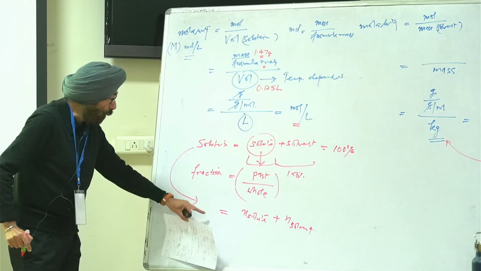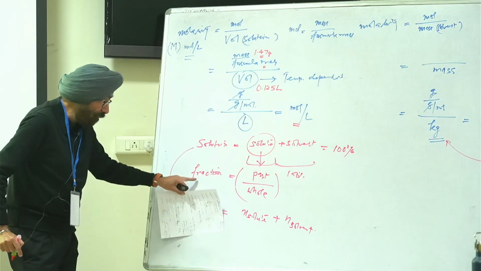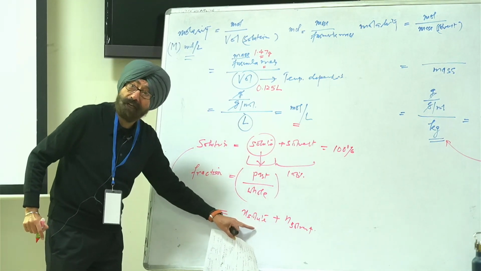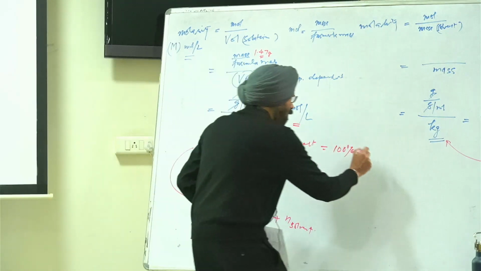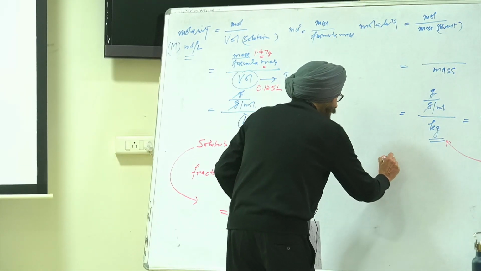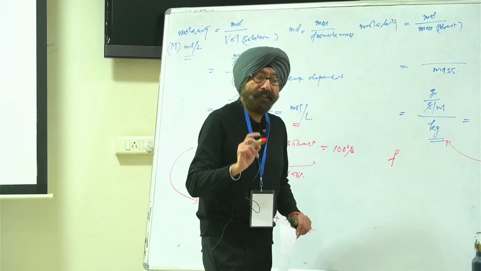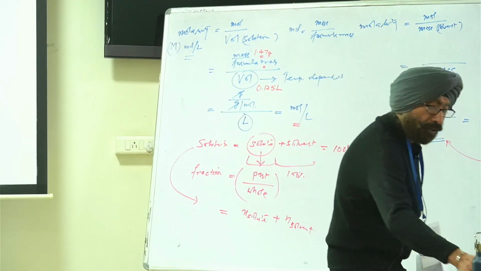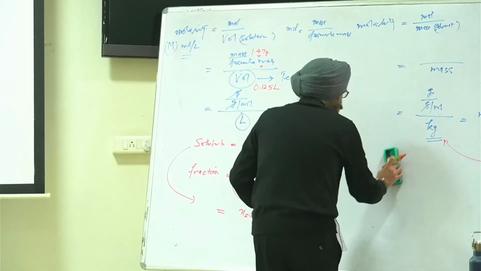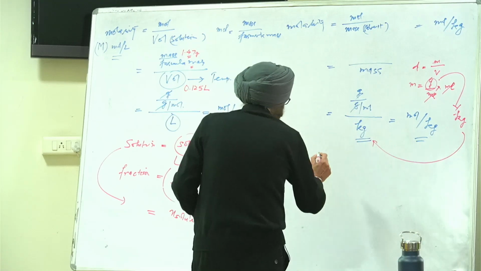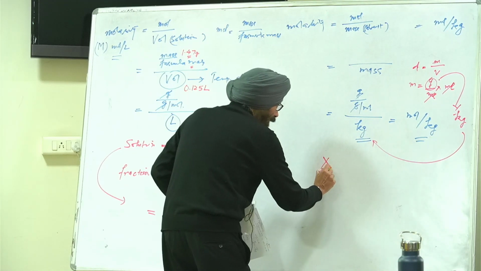If I have to calculate the fraction, the question is whose fraction I'm talking about. Sometimes people use f, but the correct way to denote the fraction is x. In most textbooks, x is used for the fraction.